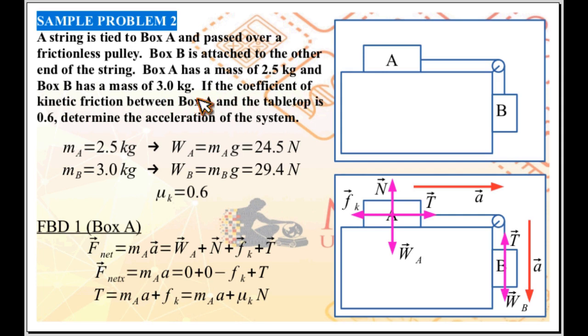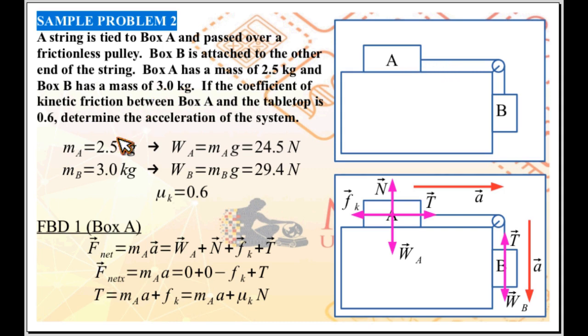If the coefficient of kinetic friction between box A and the tabletop is 0.6, determine the acceleration of the system. And once again, the problem provides a figure, a drawing of the system, so you don't have to draw the system. You can move on to the next step, identifying the forces present in the system.